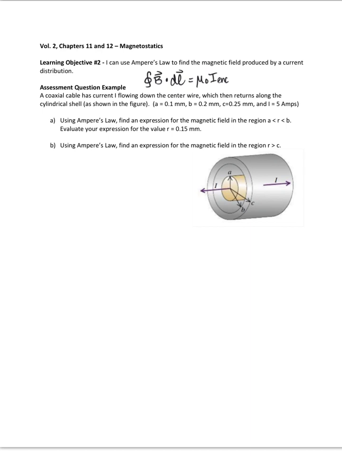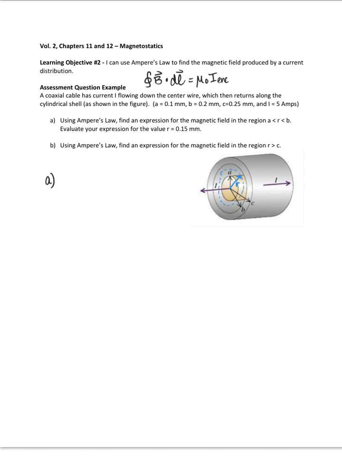So in the first question, we're asked to find the magnetic field in the region between A and B. So this is outside the cylinder, but inside the cylindrical shell. So here's our R. And my dotted line is telling us the path that we would take for Ampere's law for that region.